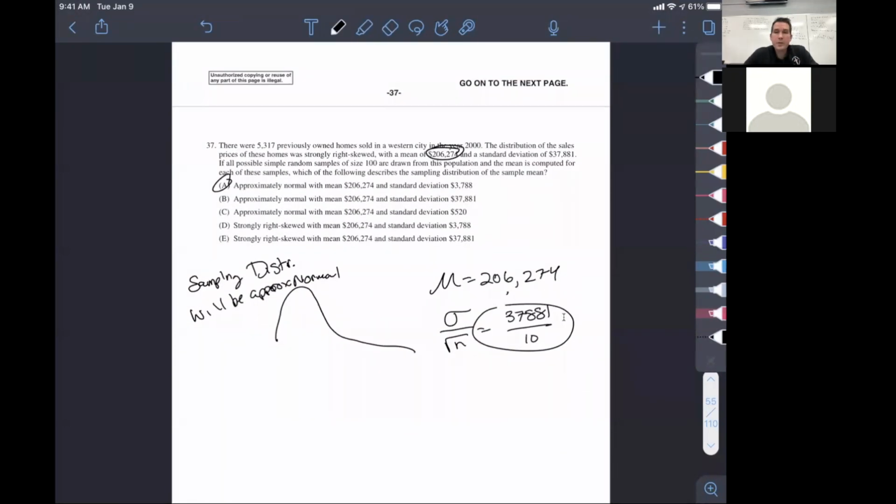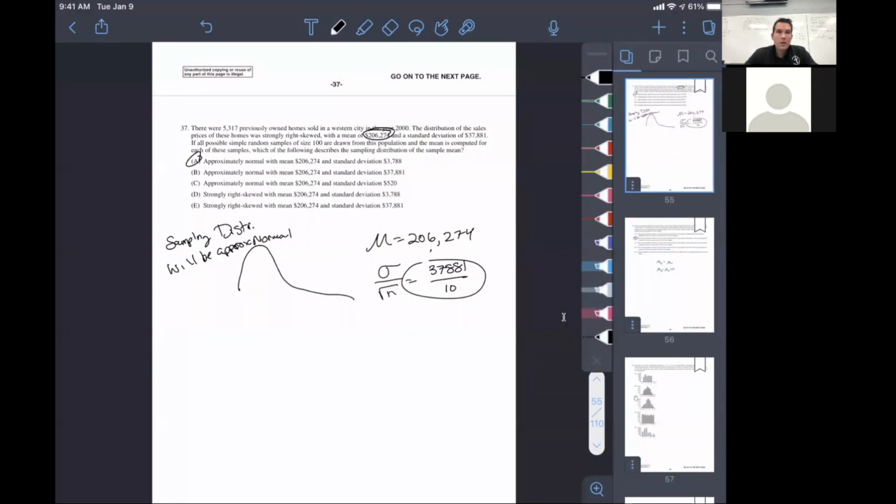Oh, because we are looking at the sampling distribution. Well, why doesn't the mean change? Do you remember this is like the NFL salaries? The larger and larger the sample we took, the closer the average of our sample matched our population mean.